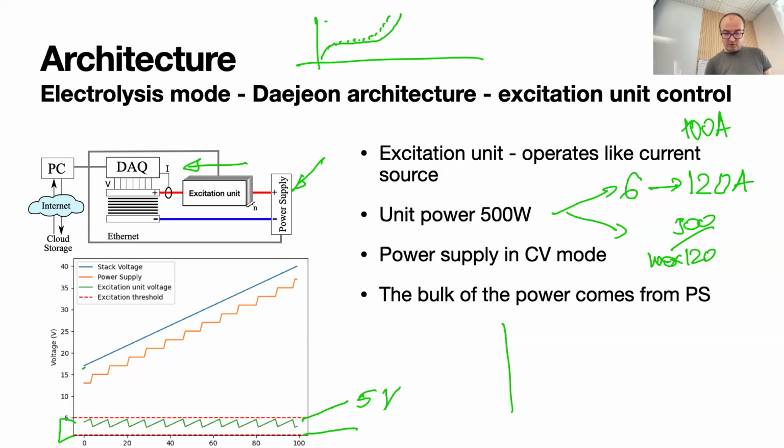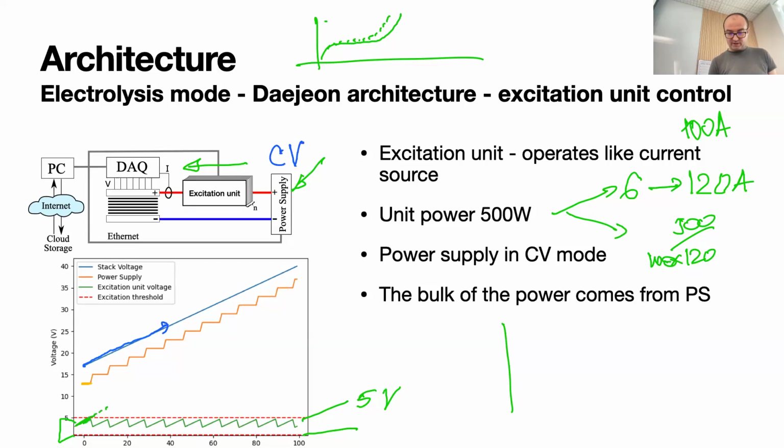It means that its voltage will increase. Since this is in constant voltage mode, the voltage of the power supply stays constant, which means that the change of the electrolyzer will be seen by our excitation unit.